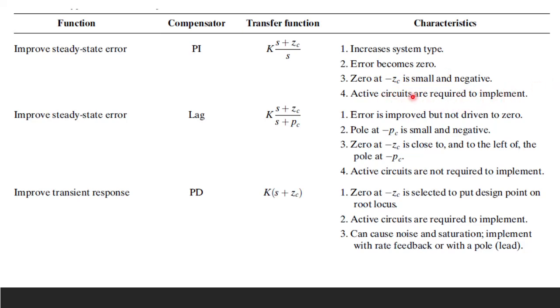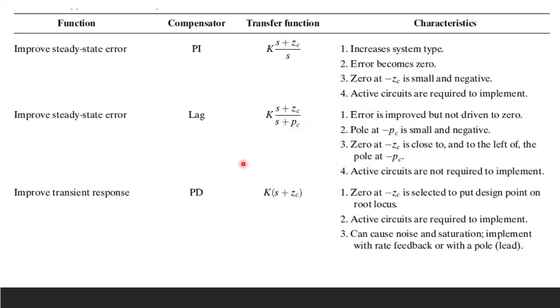We can relate it with a mechanical active loop as well. The whole point is to improve the steady state error and not change the value of Kp so high that you disturb the overall steady state error condition. That's the whole idea of using a PI controller, and then you can use a lag controller, so you can always check these.